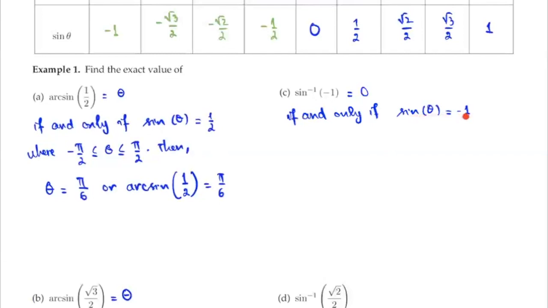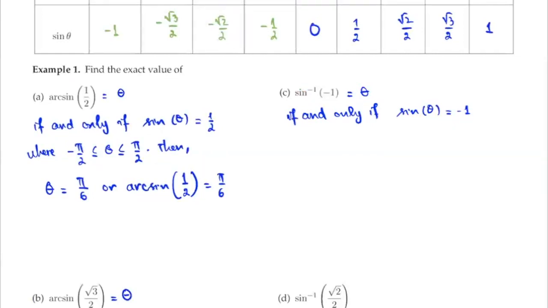How would you get this equation? You apply sine on both sides of this equation. So sine with inverse sine cancel out and you're left with negative 1. Because you apply sine on both sides, you have sine of theta equal to negative 1.